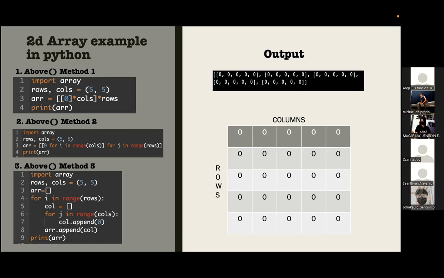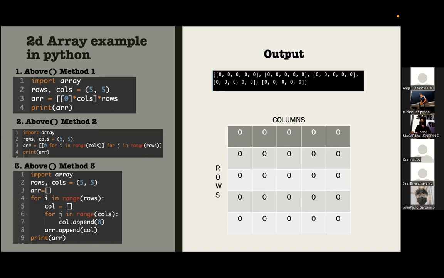Once we have done it, the output will be pure 0s with 5 rows and 5 columns. You will always remember that when you are coding the array, you will always import the array first so that it does not make an error.